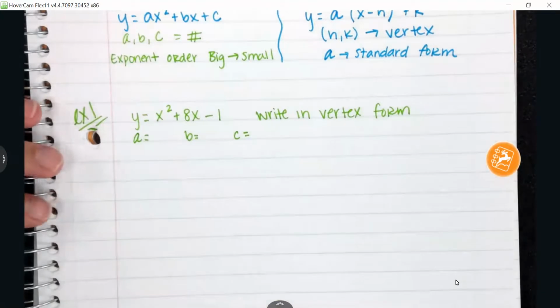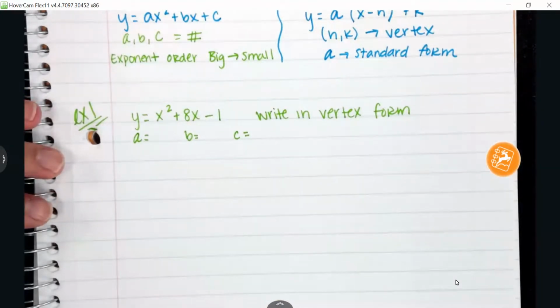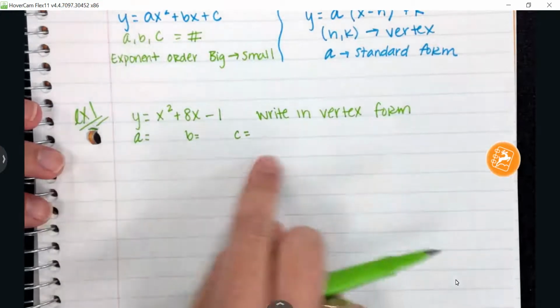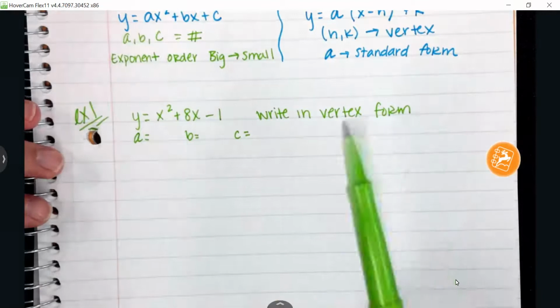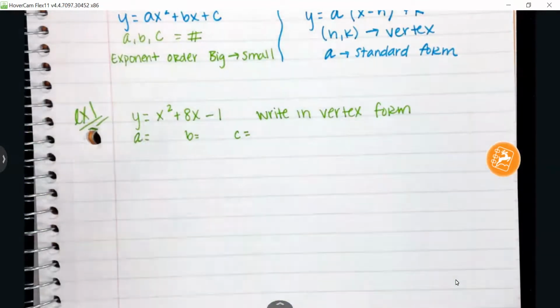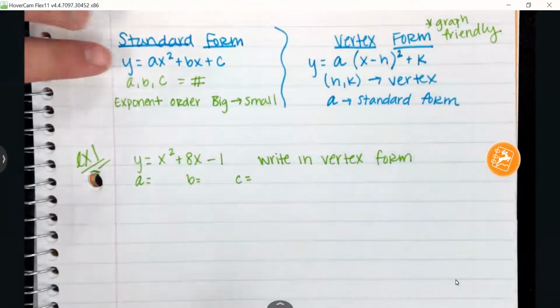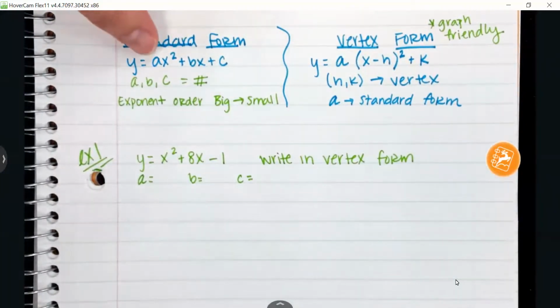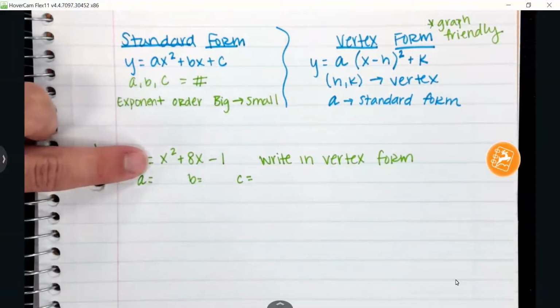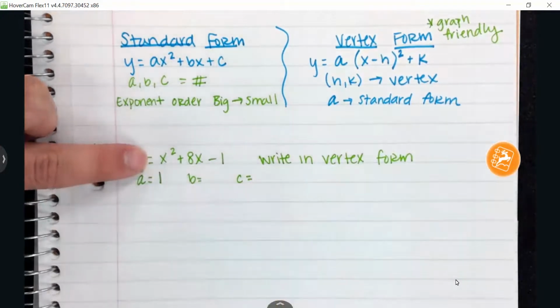And I told you A, B, and C are numbers. There should never be a letter behind these equal signs, ever. They are numbers, okay? Where do A, B, and C come from? Well, look back up here. We had y equals a x squared. A is the number in front of my x squared. So what number is in front of my x squared? 1.